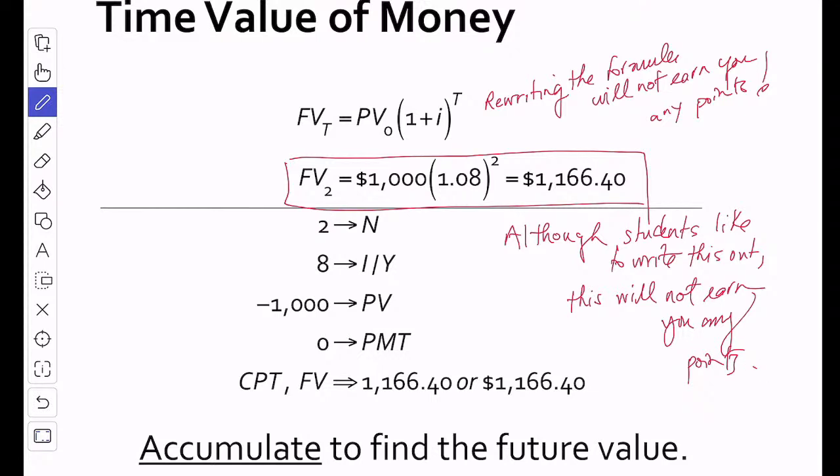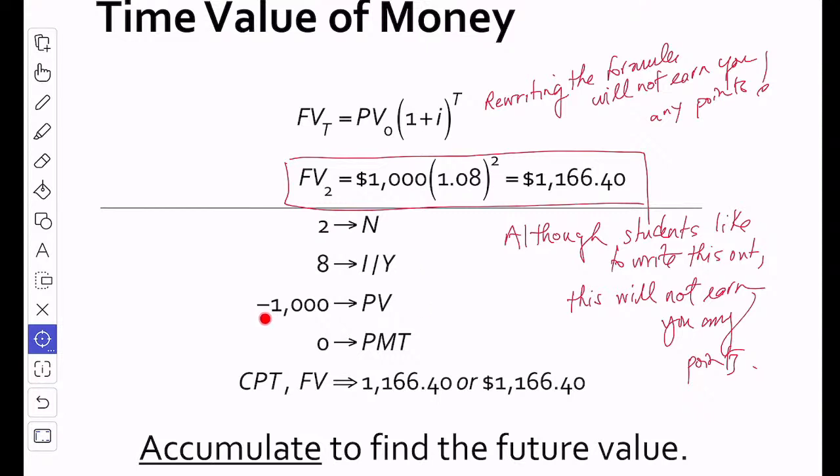Okay, so I've had students submit tests with just this, and that's not what I want. I want you to tie it back to finance theory, give me the formula, however simple it is or however complex, and then your answer. This is just for you. If this helps you in problem solving, then write it down. But for grades, I need to see this. Okay? So let's accumulate to find the future value. 2 periods, 8%, and there's a negative here because it's an investment.